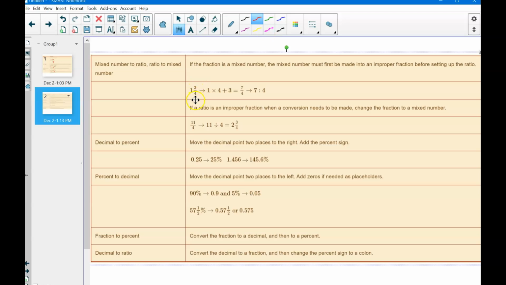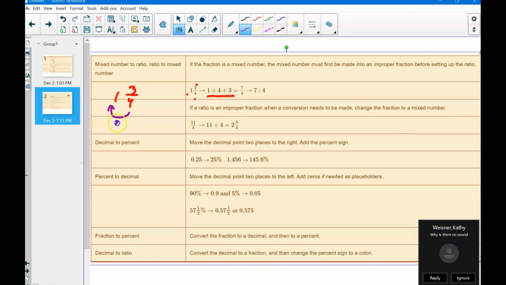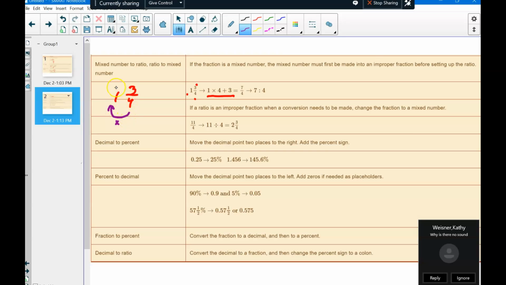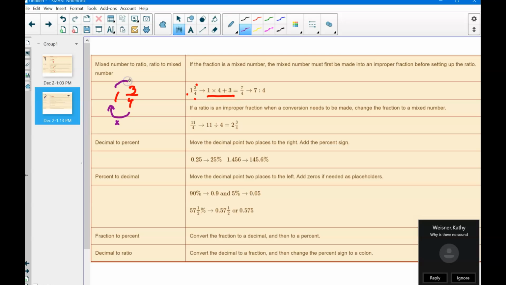We had 4 in the bottom, a 1 and a 3. And the book writes it out like this. I'm very visual, so when I see something like that, I have 1 and 3 over 4. I go counterclockwise. 4 times 1, and add 3. That becomes 7 over 4.